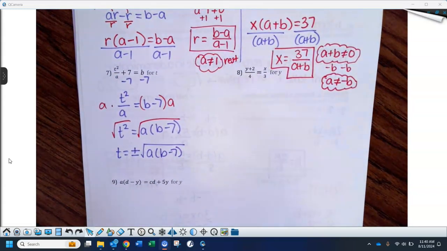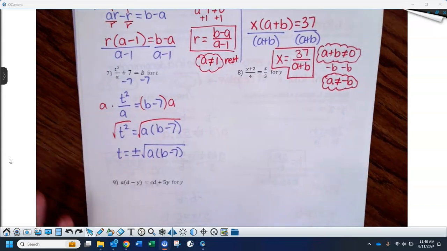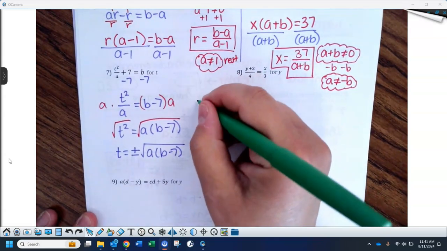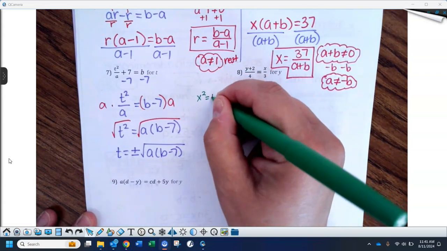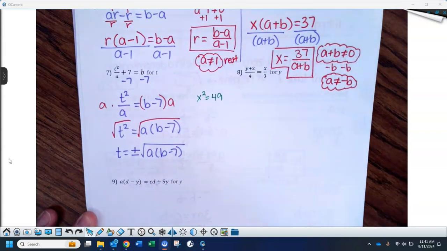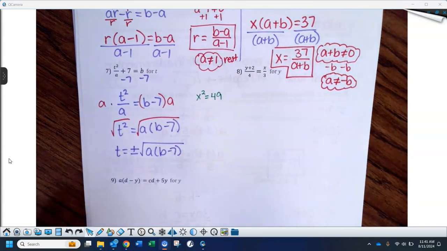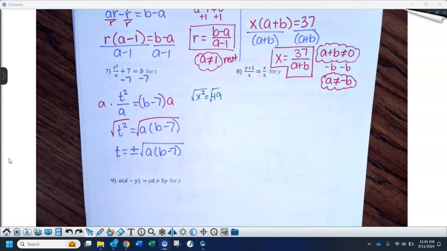That's correct. And if you're confused about what this plus or minus is, I'm just going to give you a teeny tiny example. Let's say I had x squared was equal to 49. To solve that problem, you would introduce a square root into the problem.